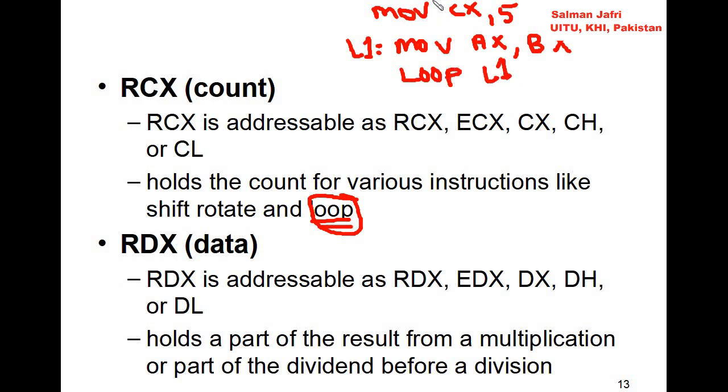So what would happen? We have initialized the loop counter to 5, and this is the loop label that we would be looping to. So we execute this instruction.